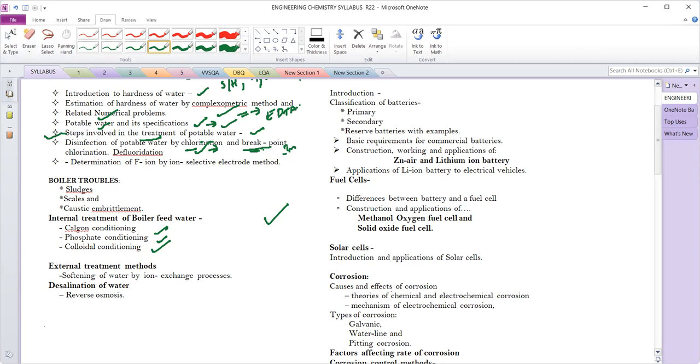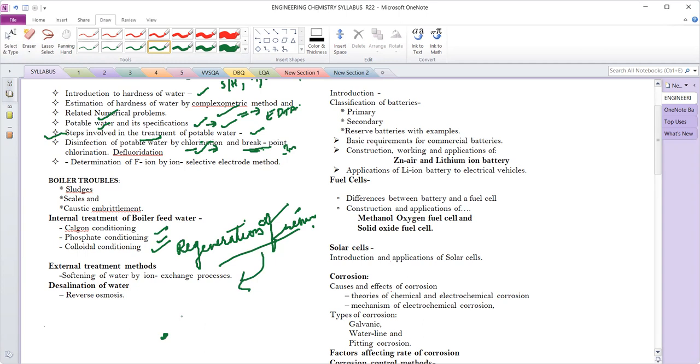They will process these resins, and that is what is called regeneration of the resins. This is also a very, very important thing which you have to understand.